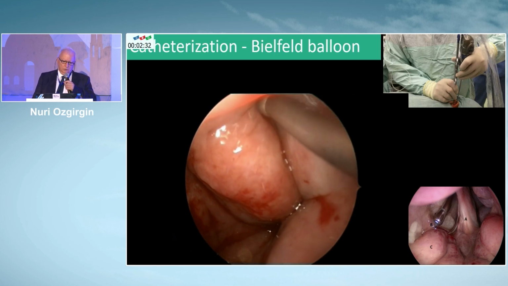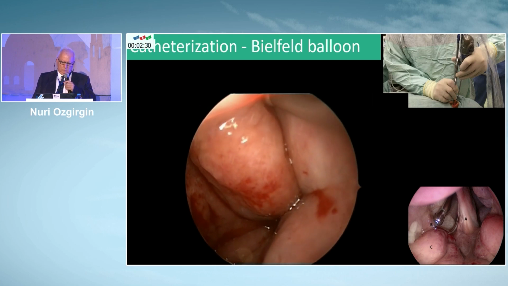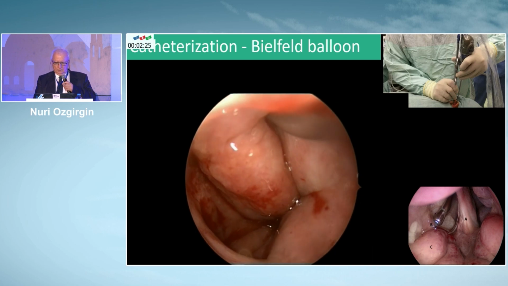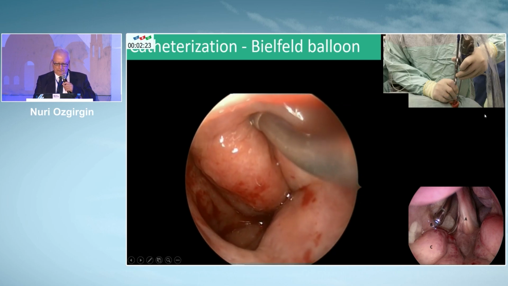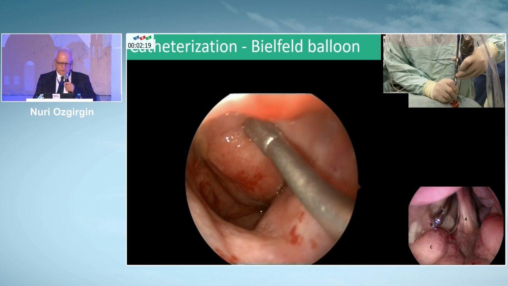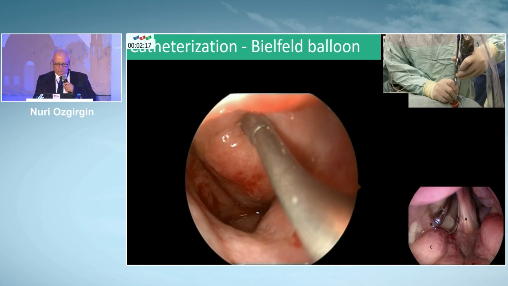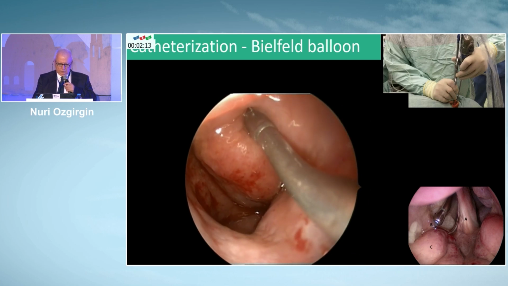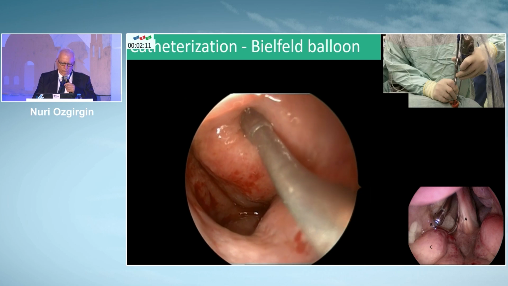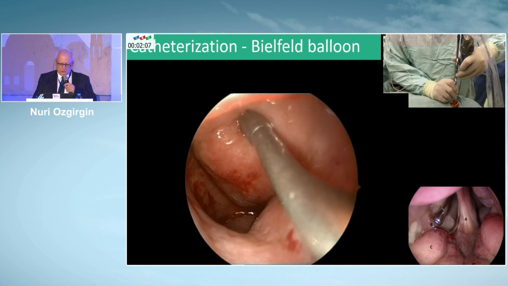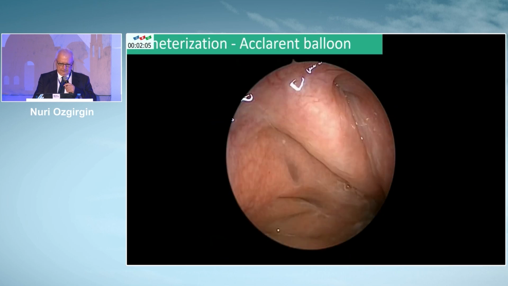The probe is introduced into the orifice, not very far, and then the balloon is introduced through it towards the osseous part of the Eustachian tube, to be placed there for 2 minutes with 10 bar pressure.